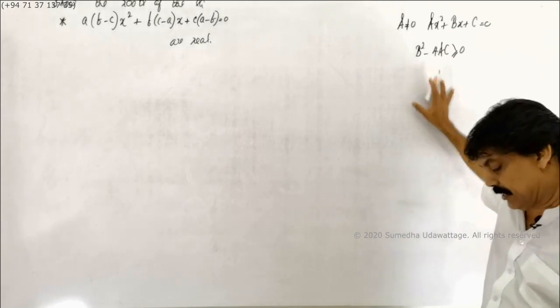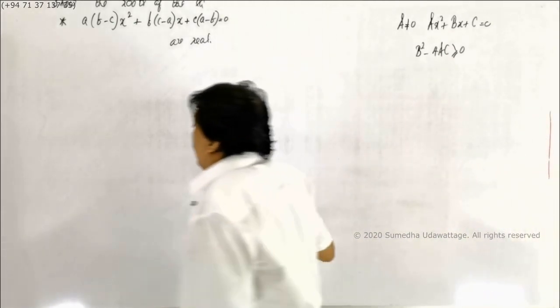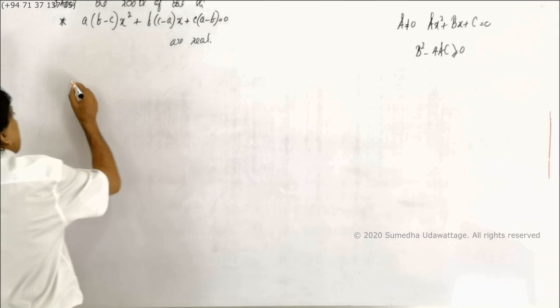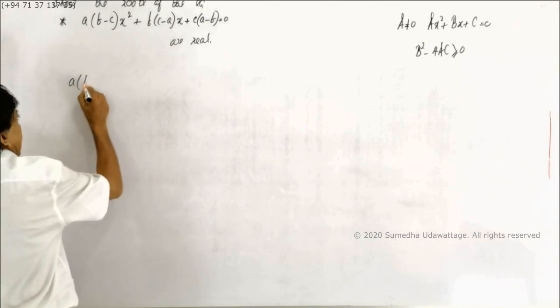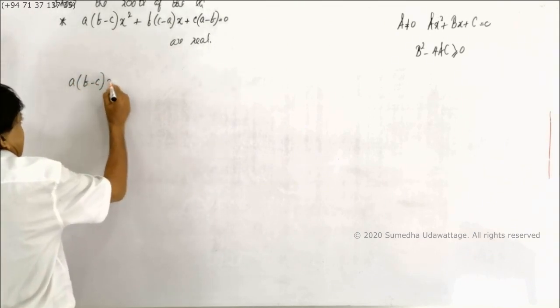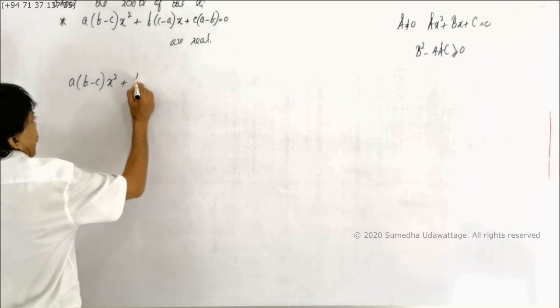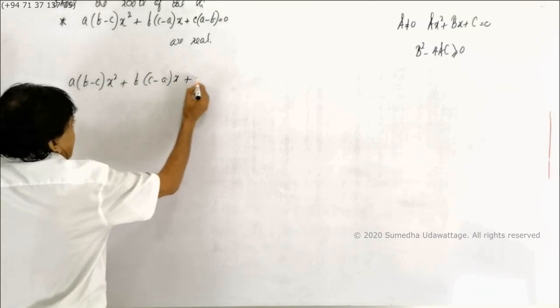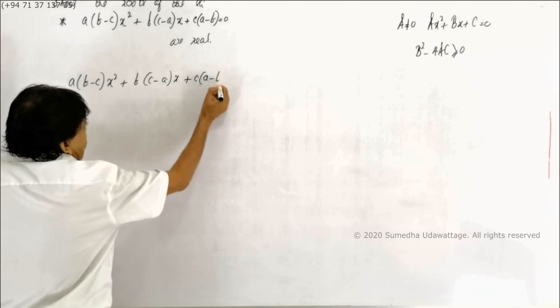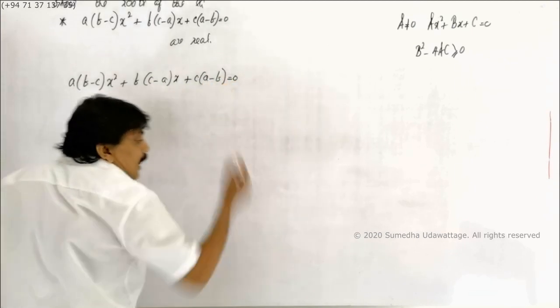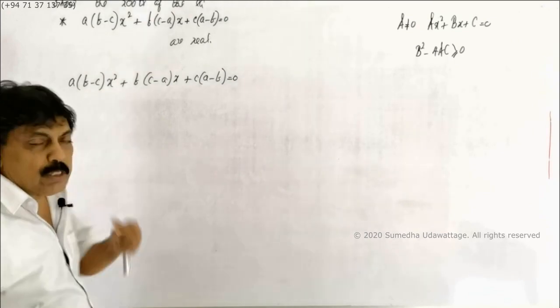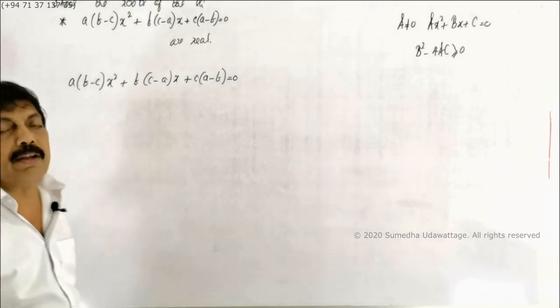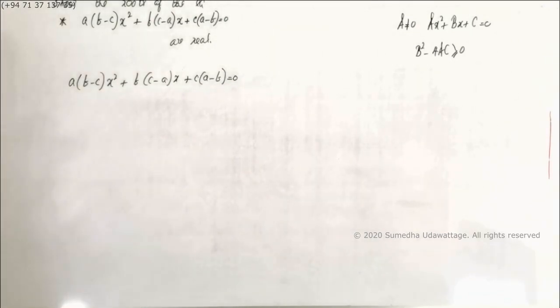Using this theory, we'll try to handle this question: a b minus c x square, b c minus a x, c times a minus b is equal to 0. You've got to show that the roots of this equation are real.